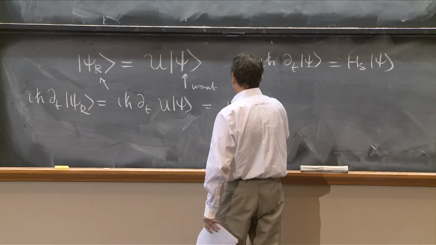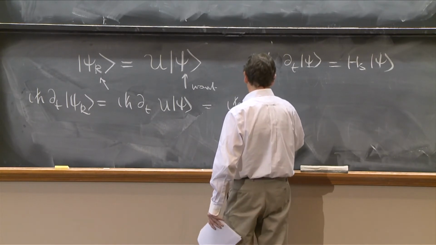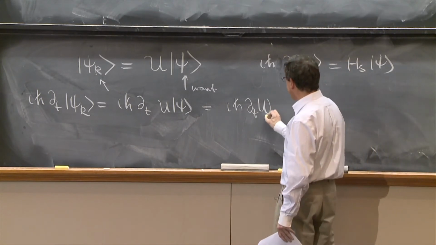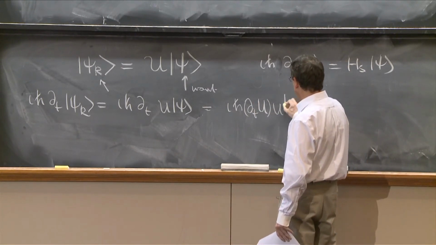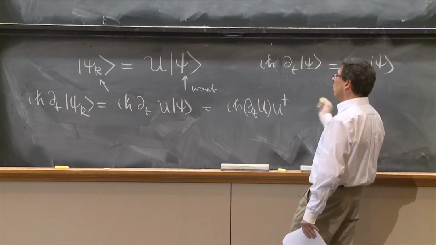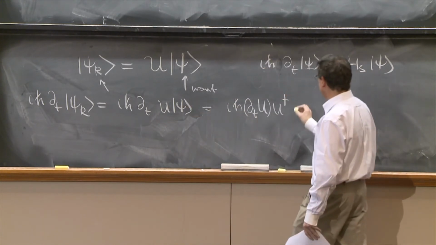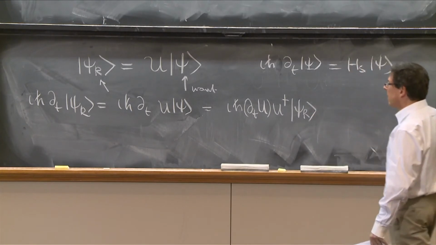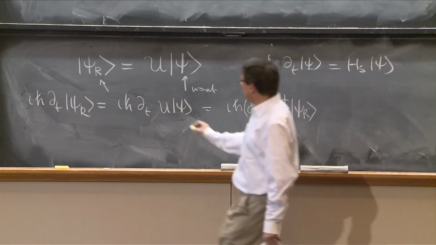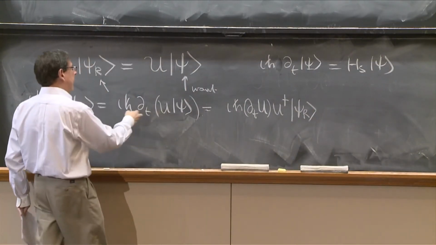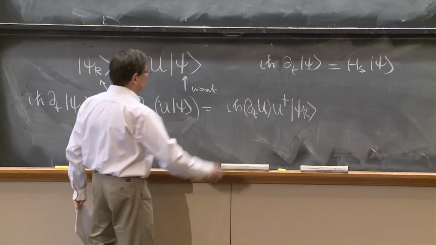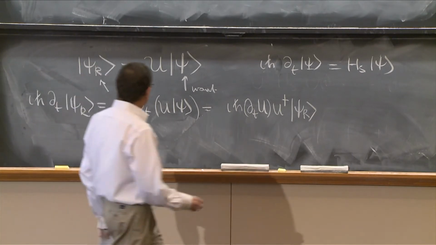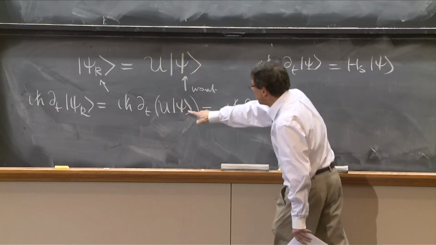This is i h bar dU/dt, and I will have the psi, but I will put then a U dagger and another U acting on psi so that it gives me psi R. So the first derivative is acting just on the U. I put U dagger U and recreated the psi R. The other term is in which it acts on psi.